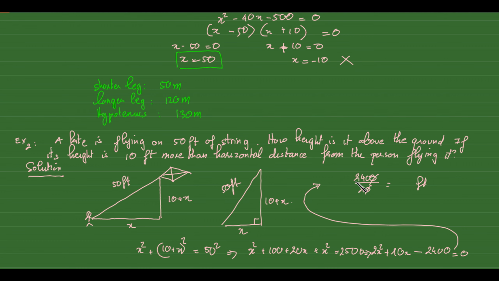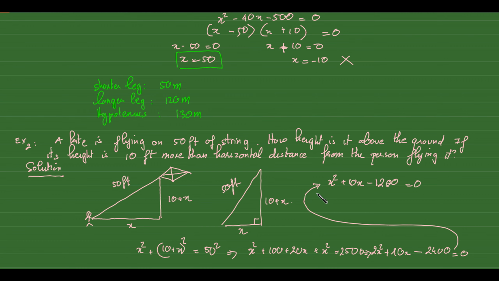So I have a quadratic equation here. I'll go ahead and simplify by 2, so I have x squared plus 10x minus 1200 equals 0.